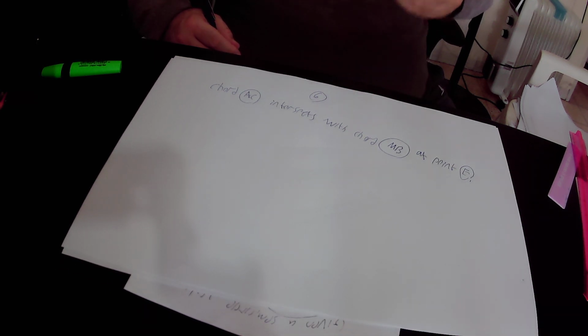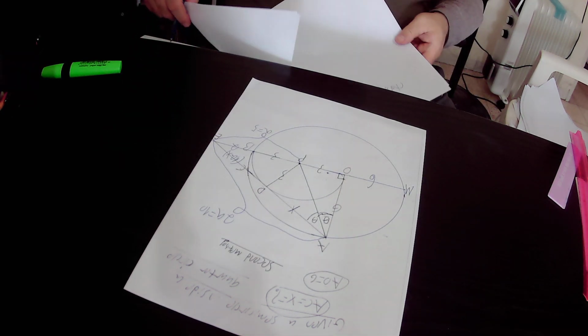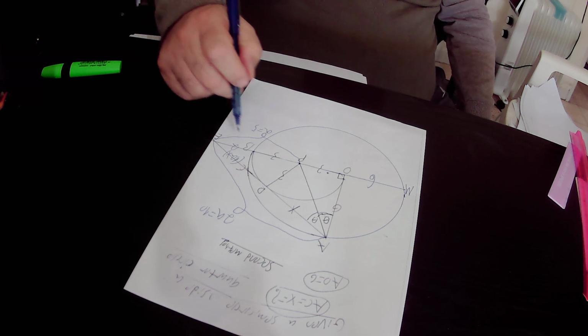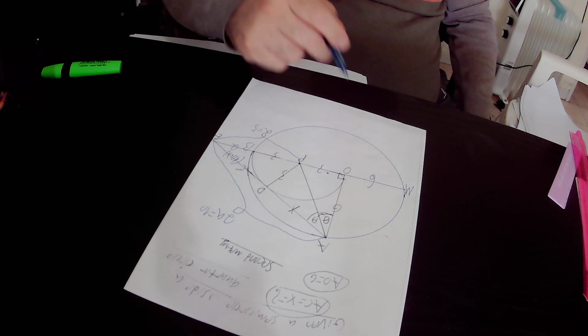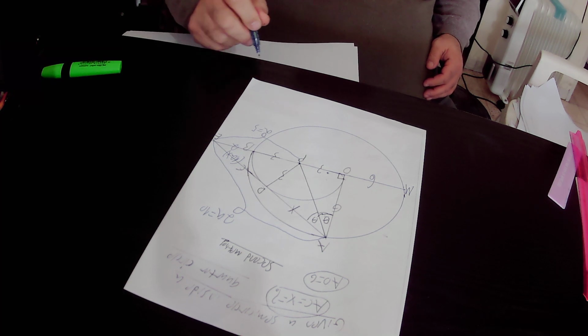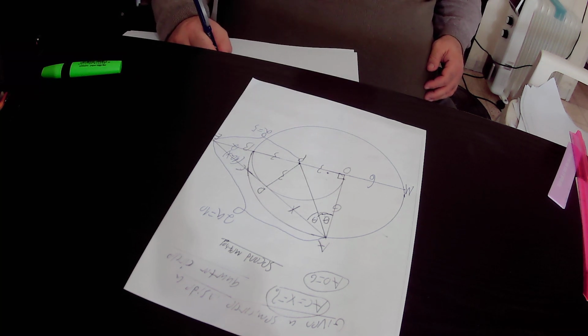Therefore, we can implement rule number 3 in our drawing. Therefore, according to rule number 3, we get that EC times EA equals EB times EM.